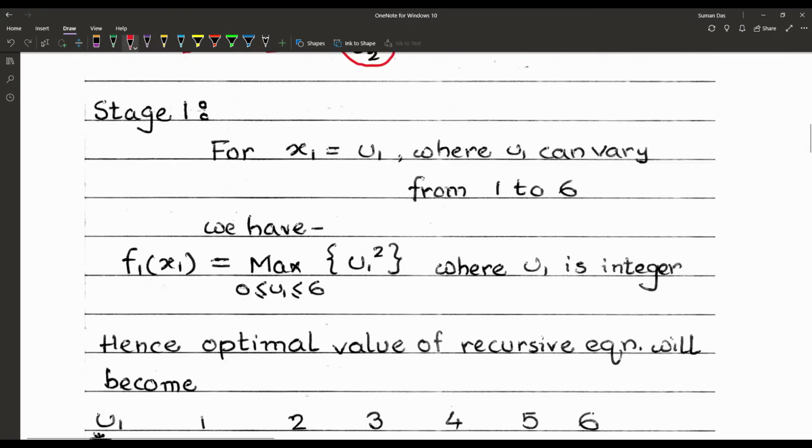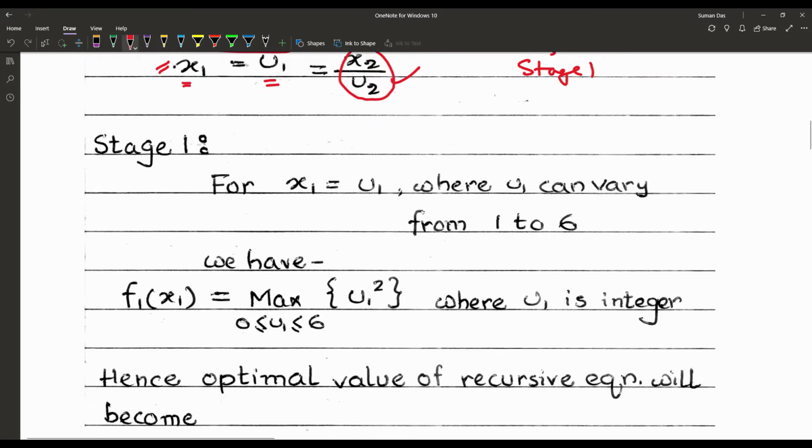So in stage 1, x1 is equal to u1 here, where u1 can vary from 1 to 6, because already we know that u1, u2, u3 are all integers, and it is given that u1 into u2 into u3 is equal to 6.